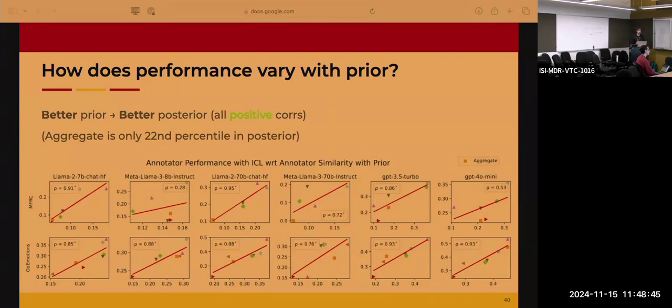So no surprises here, all correlations are positive. However, we want to point out that the aggregate is only at the 22nd percentile in posterior performance, showing that most individual annotators are performing better than the aggregate, which is further evidence that there is something happening with the aggregate in these data sets.